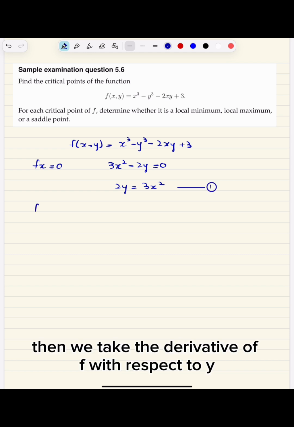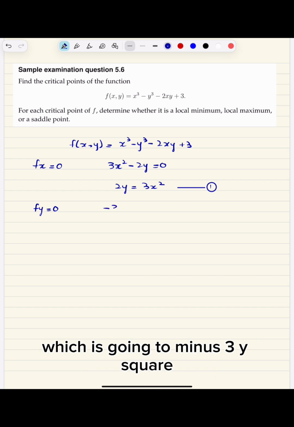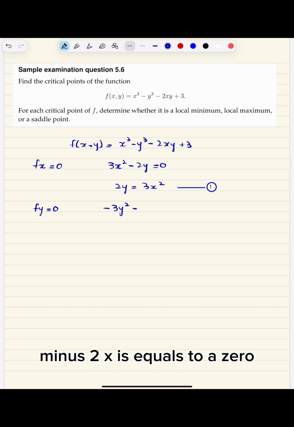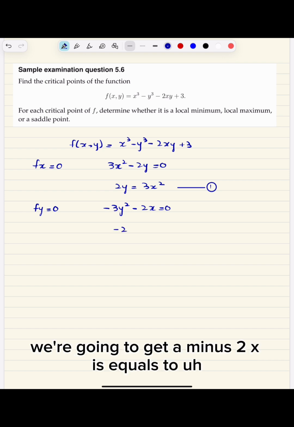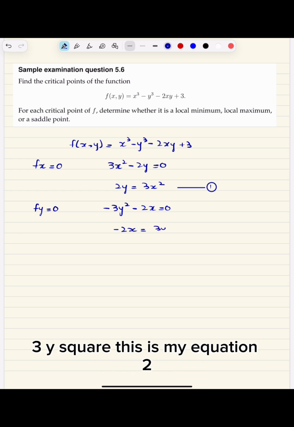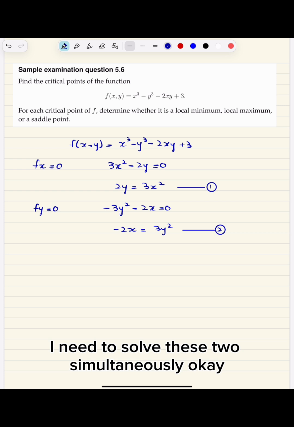Then we take the derivative of f with respect to y, which gives minus 3y square minus 2x equals 0. So we get minus 2x equals 3y square. This is my equation 2. I need to solve these two simultaneously.